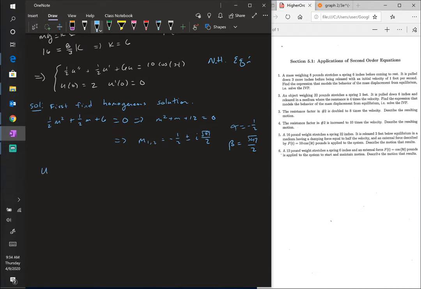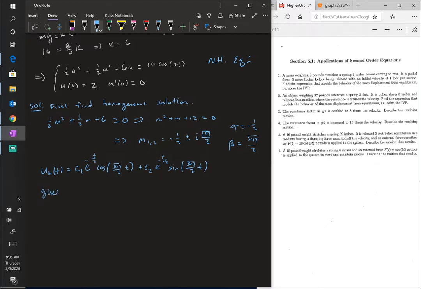So u h of t is going to be C1 e to the negative t over 2 cosine square root of 47 over 2 t plus C2 e to the negative t over 2 sine square root of 47 over 2 t. So that's our homogeneous solution.